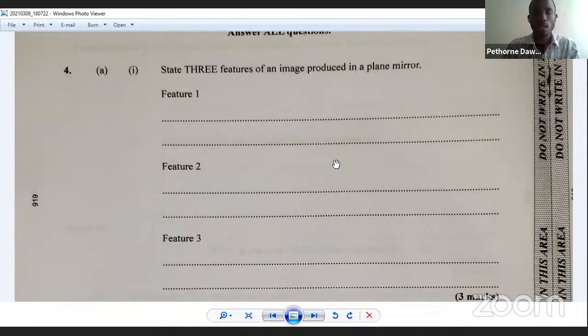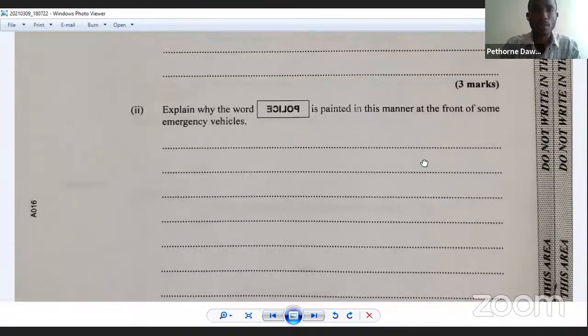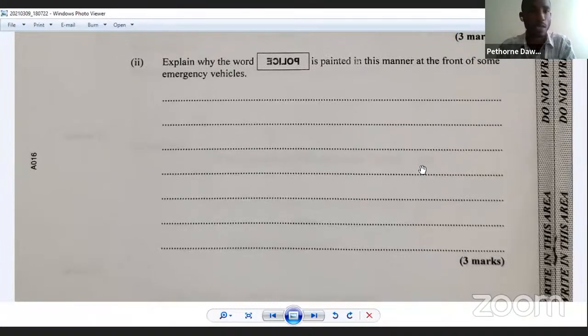All right. Unless it's a curved mirror, which is something different. But a plane mirror, yeah, image and object size are the same, image and object distances are the same, it's upright, it's virtual, all of that. So any one of those 4 features you could have picked and put in feature 1, 2, or 3. Thank you for that interaction, Brianna.